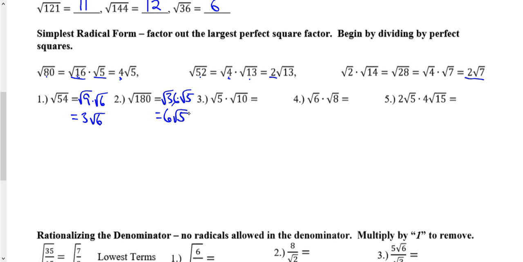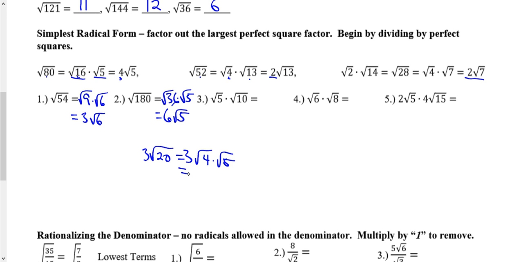Now, Trent, just for giggles here, you don't have to write this down, you had 3 square roots of 20. Okay, so if you wanted to proceed from there, let's think about what's the biggest perfect square factor of 20? 4 times what? 5.